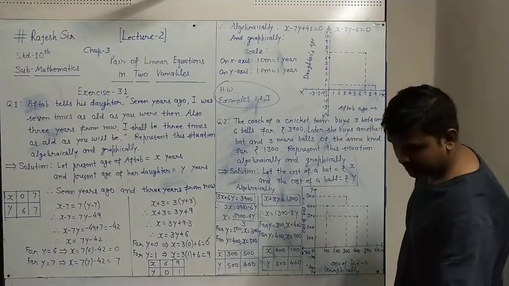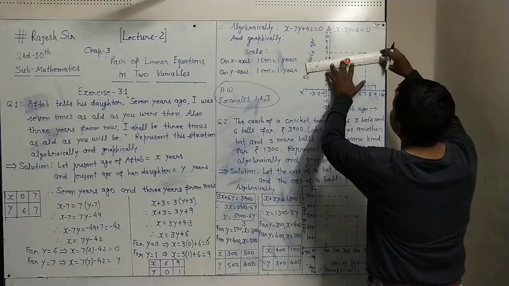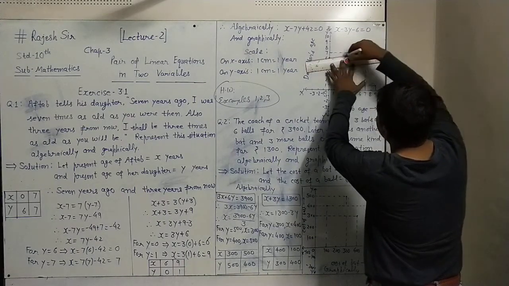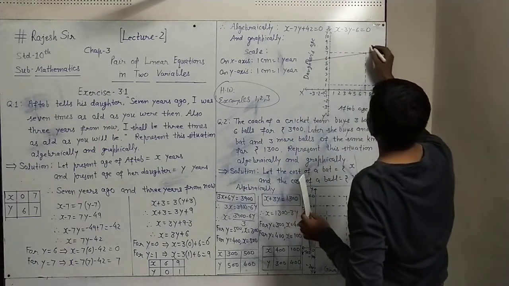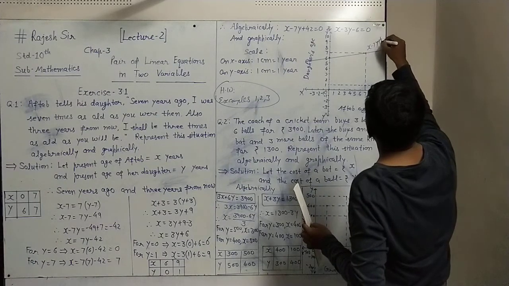Joining these 2 points, we will get the graphical representation of the first equation. This is showing the first equation, that is x minus 7y plus 42 equal to 0.